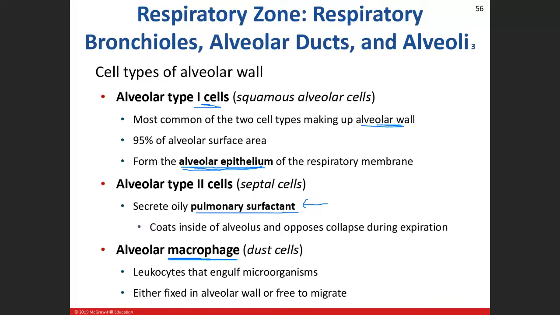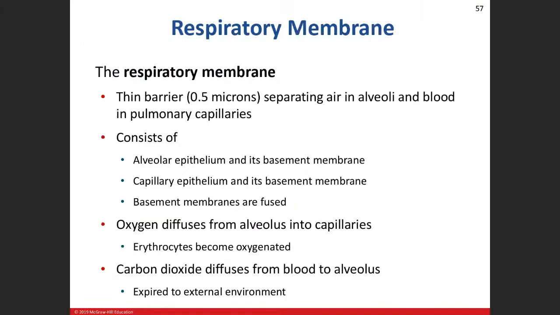You're most likely breathing in more pollutants, and it's these cells that help take care of those pollutants and microorganisms that might gain entry into your respiratory system.